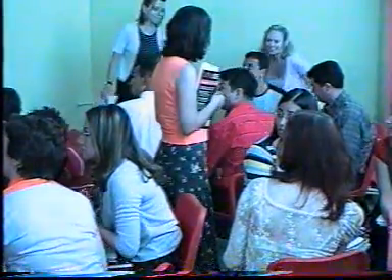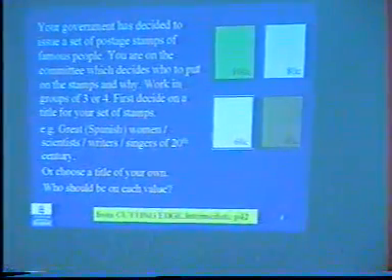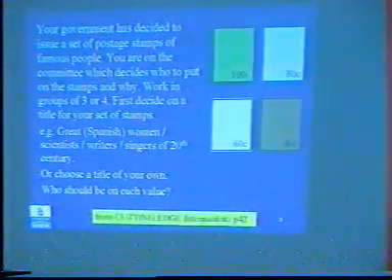The situation is that the government, your government, has decided to issue a set of postage stamps of famous people. You are on the committee which decides, or in this case, you are the committee, the group. You are the committee which decides who to put on the stamps and why.